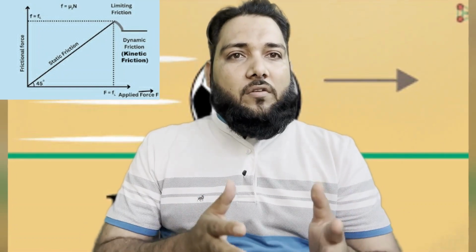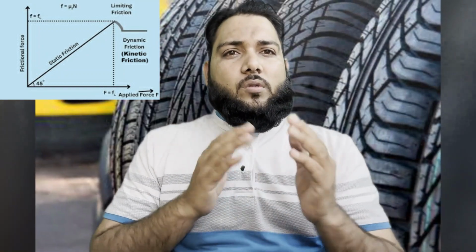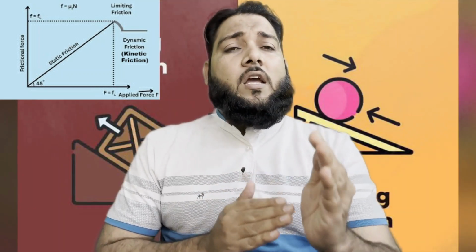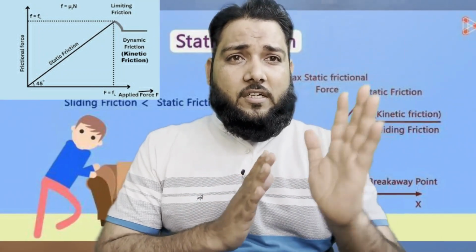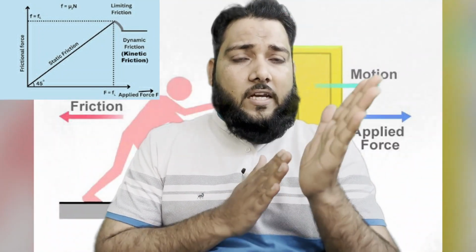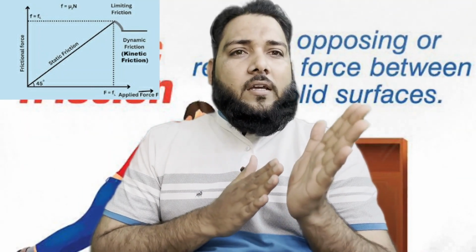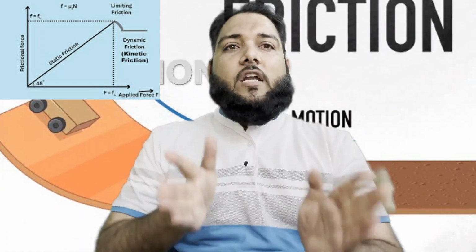Then the limiting friction converts into kinetic friction. Kinetic friction will be slightly less than limiting friction, because when friction reaches its limiting condition, the irregularities break down. The value of friction reduces, and that friction is called kinetic friction.